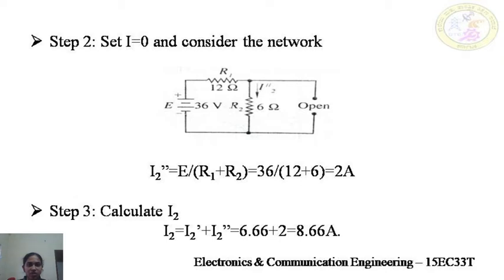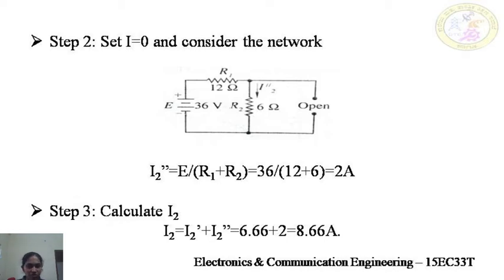That is I2 double dash is equal to voltage divided by total equivalent resistance of the network, that is E divided by R1 plus R2, that is equal to 36 divided by 12 plus 6, that is equal to 2 ampere. And step 3 is calculate I2.